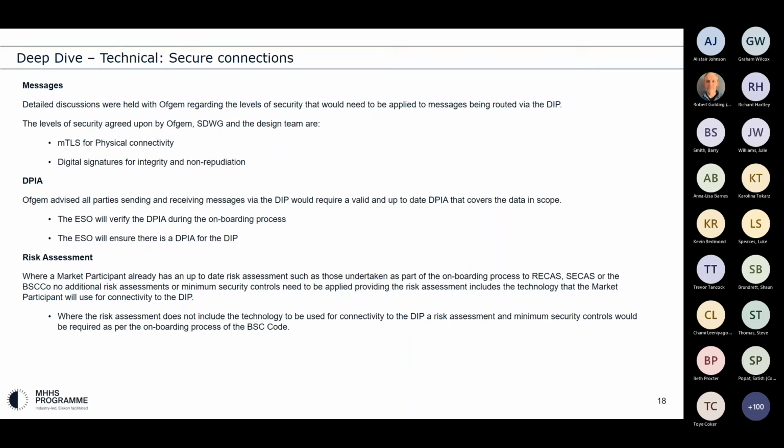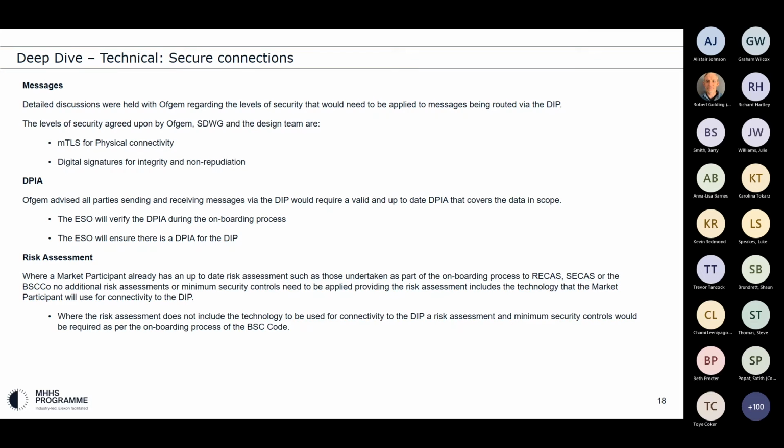Additionally, we have tried to not burden any of the market participants with additional security requirements, or minimum security requirements, if you will, when connecting through to the DIP. I suppose our hope is that through other onboarding aspects into ECAS, CCAS, BSC code, the market participants are already performing risk assessments and having to ensure that they meet minimum security controls.